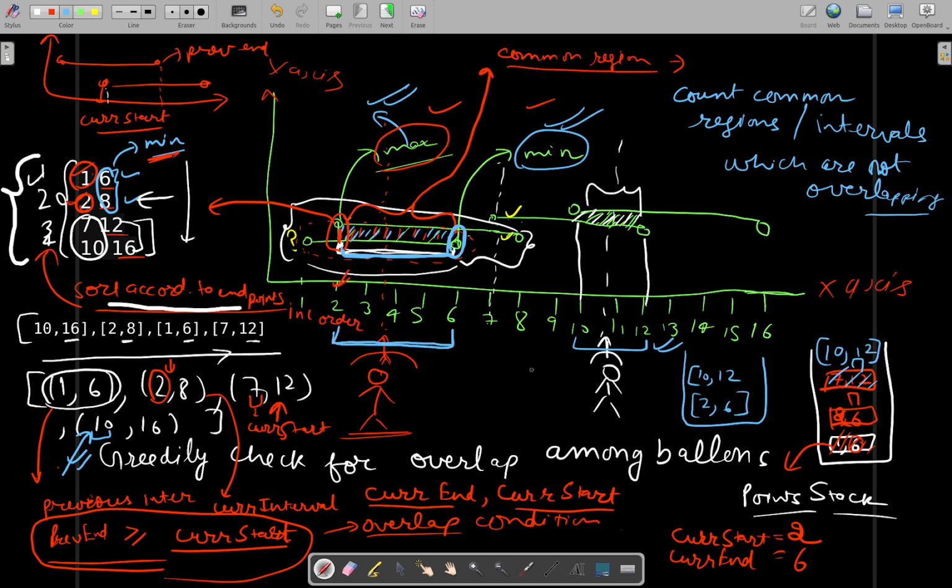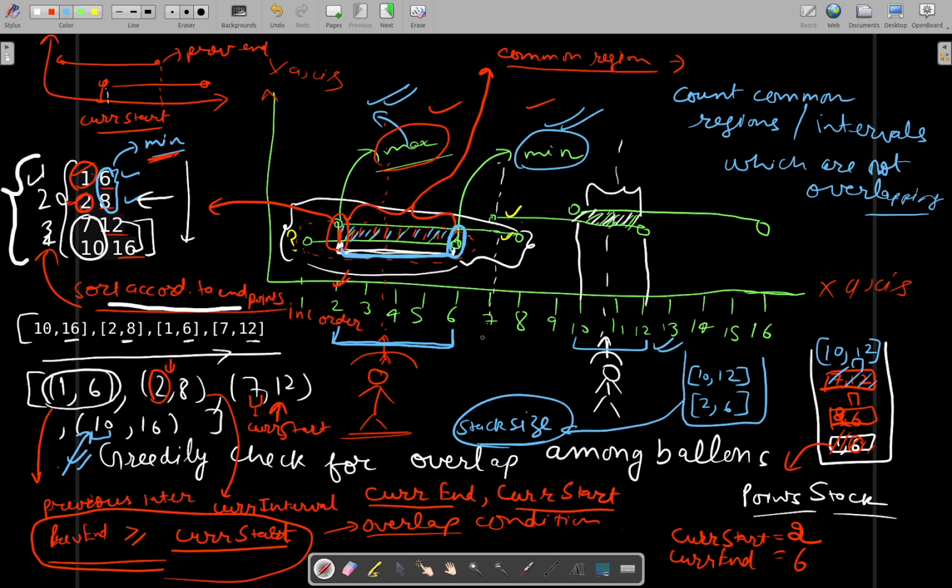Whenever you will be shooting your arrows from these two positions, all the balloons will be burst. So the minimum number of arrows will be nothing but the size of this stack. This is what you will be returning, and this is how you will be solving this entire problem.